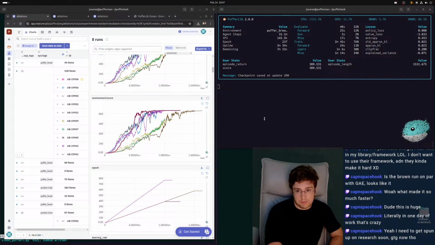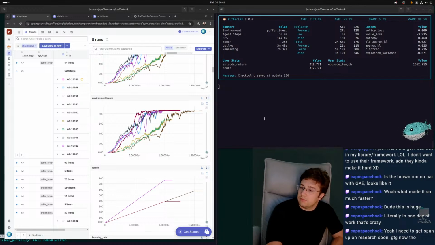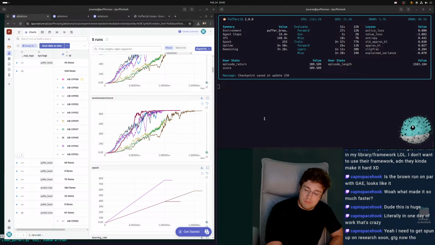There might still have to be some clipping, we'll see. But essentially, if we're able to match, it means that it should be horizon independent. You should be able to give it a longer horizon and it'll either do the same or it'll do better. Those longer horizon environments will make use of more of the value function.